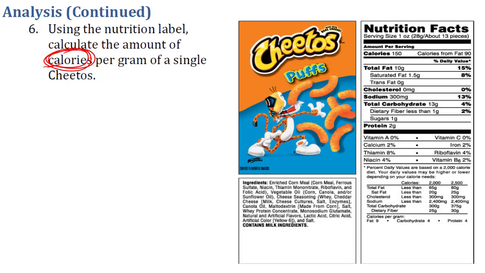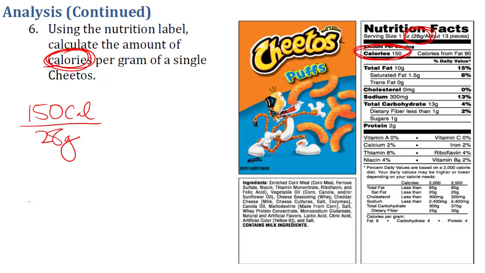Remember, we're Americans, so we came up with our own system for calories, a food calorie, which is 150 food calories in a 28 gram sample. So it's 150 food calories per every 28 grams of Cheeto.